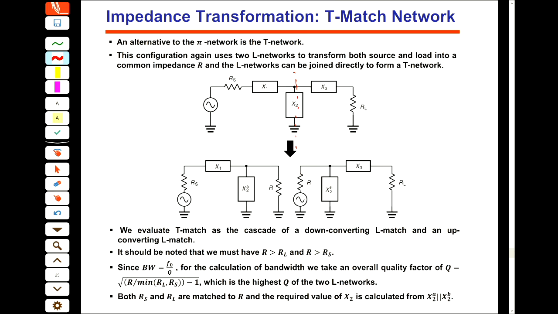I use circuit A and circuit B to match my RS to an R and the RL to an R again. And then at the end, the X1 that I found is X1, the X3 that I found is X3, and the X2 is the parallel of X2A and X2B.